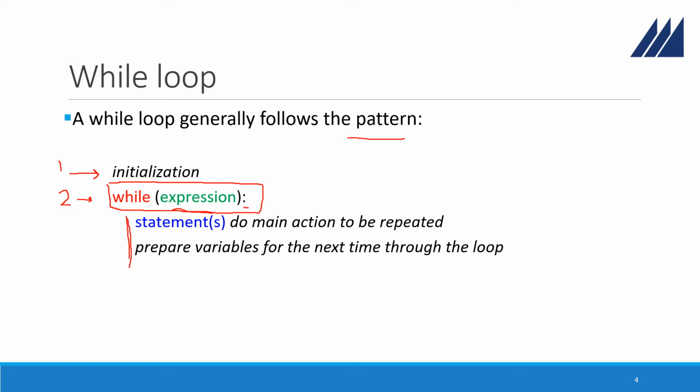This part is going to be repeated over and over, and it also changes or prepares the variables that we initialized at the first stage for the next time we go through the loop. The while loop is going to come to a point where the expression is false, and we're going to exit the while loop and continue with the rest of the program.